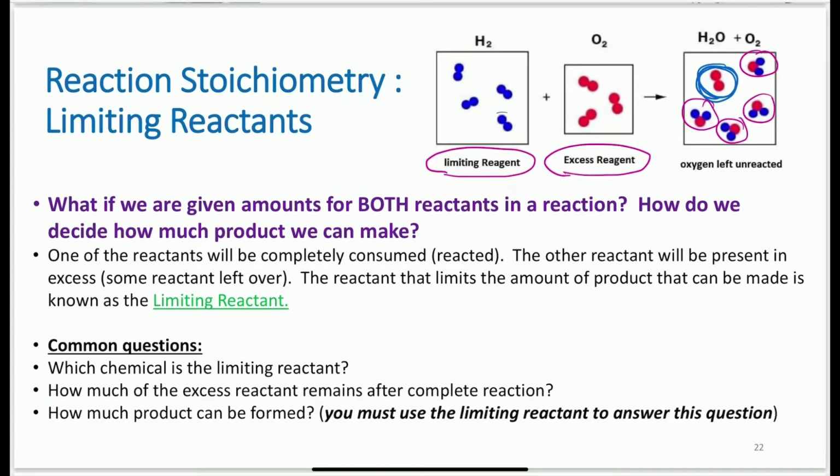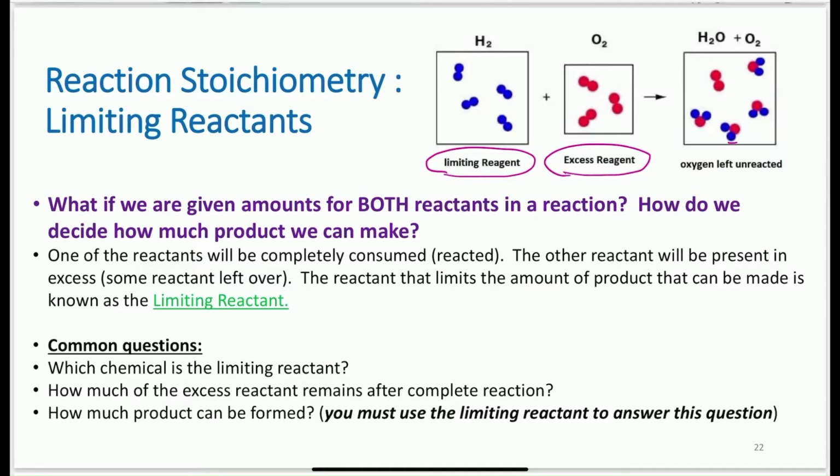When I look here, I've got 2, 4, 6, 8 hydrogen atoms, or 4 hydrogen molecules. One hydrogen molecule will react with 1/2 of an oxygen molecule to produce one water molecule.